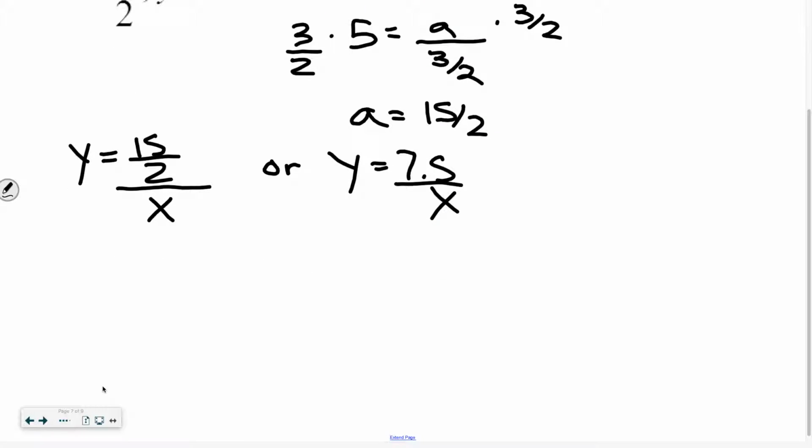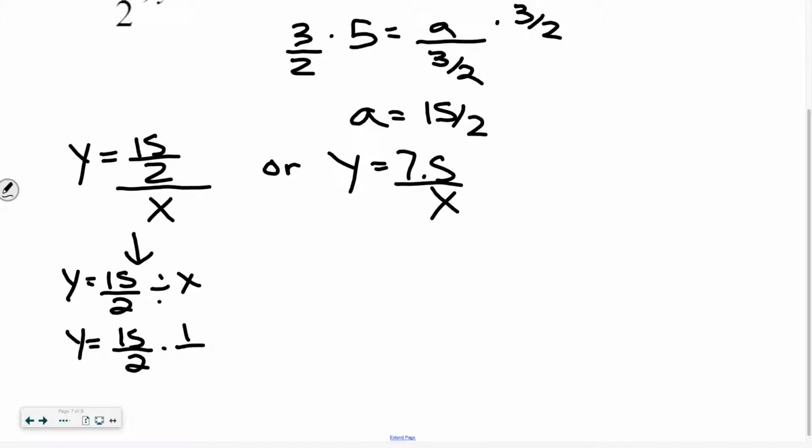And I'm also going to talk about this one right here because we're going to talk about it later in the chapter. It's called a complex fraction. The reason it's called complex is because there's a fraction inside of a fraction. So if you have 15 halves divided by x, that's like 15 halves times 1 over x, which then if you multiply can be written as y equals 15 over 2x.